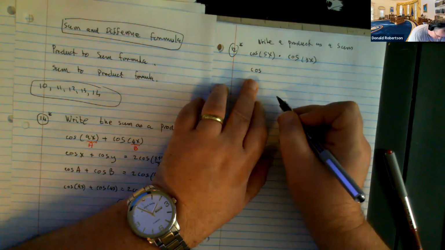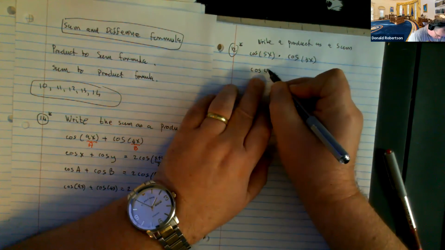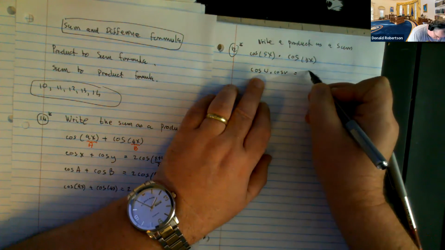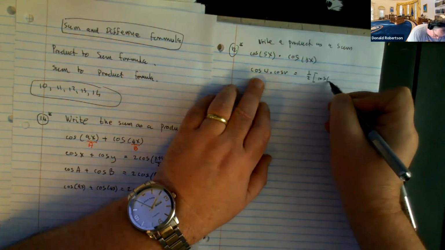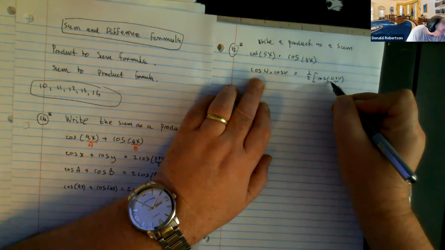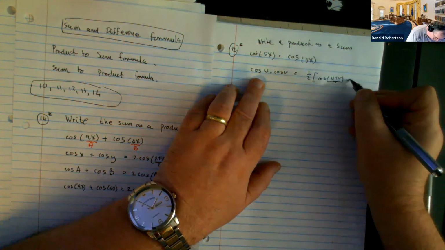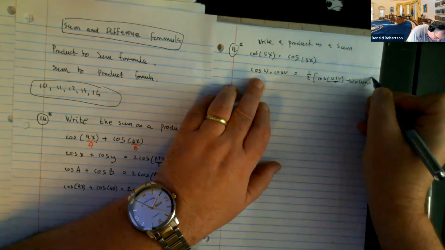So it's going to be the cosine of u times the cosine of v. And it's a half the cosine of u plus v. So just cosine of u plus v. Take away the sine of u plus v. So it's 1/2.